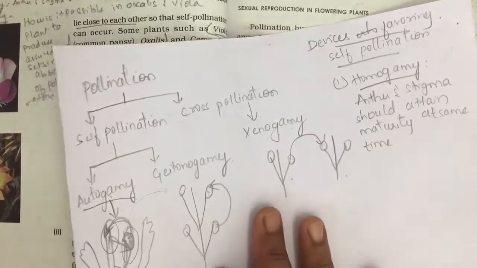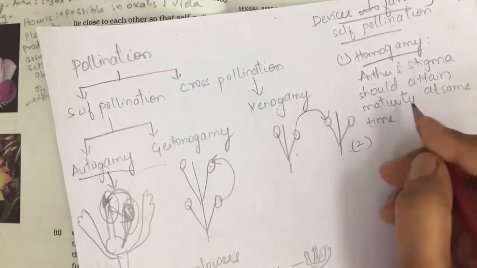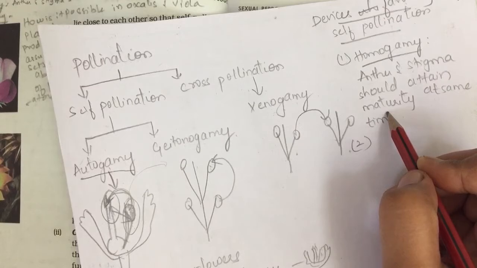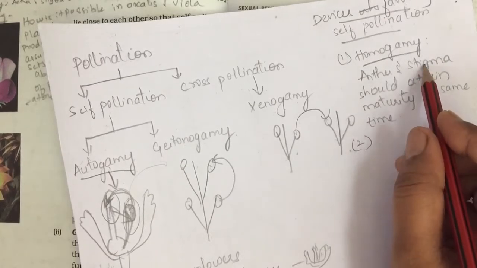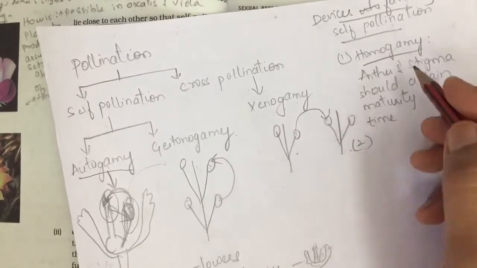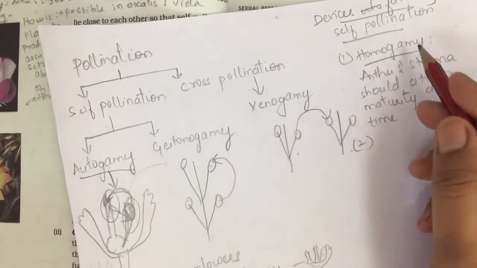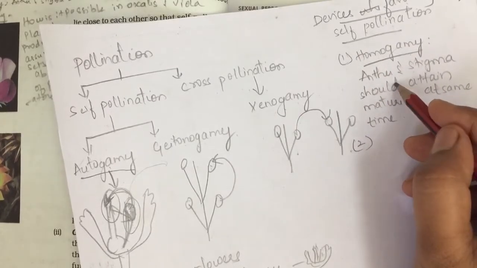This is homogamy. As we said, synchronization between anther and stigma is necessary, and you can give it as homogamy. This is one condition for autogamy, one device which favors autogamy or self-pollination.